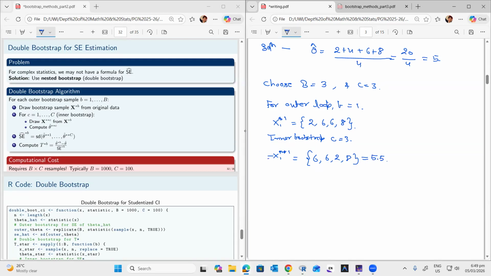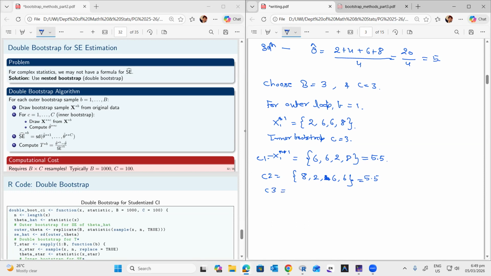Now suppose I take another sample C2: 8, 2, 6, 6. In this manner it can occur, so again the sample mean will be 5.5.